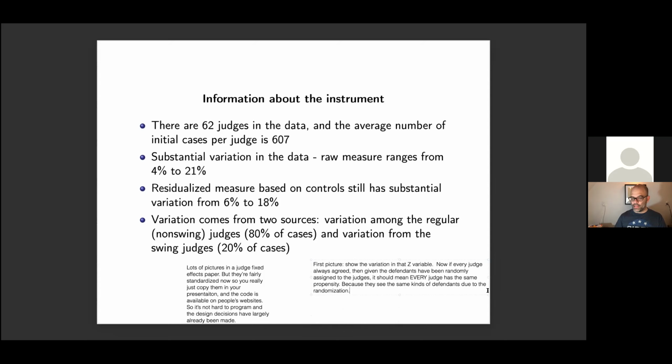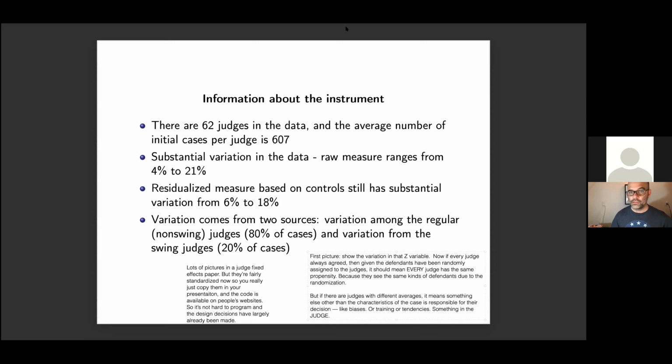But if there are judges with different averages, it means something other than the characteristics of the case is responsible for their decision, like biases or training or tendencies, something in the judge.